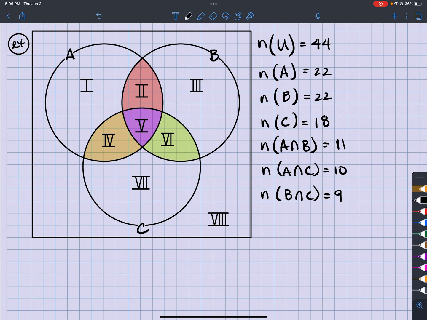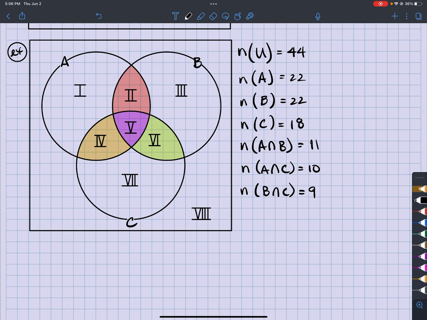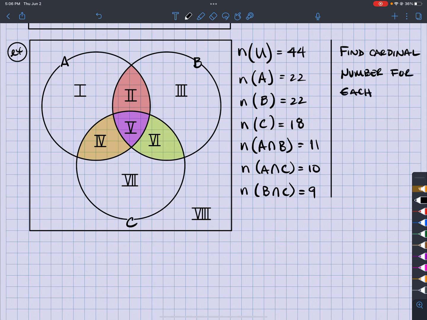So what I want to do is find the cardinal number for each region.